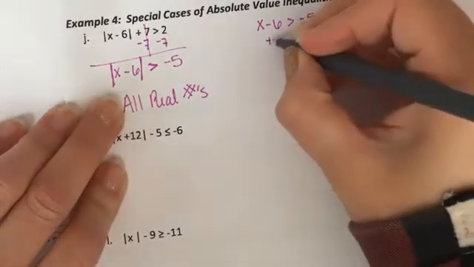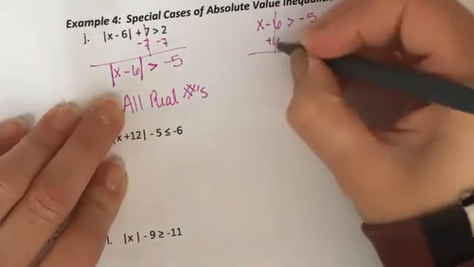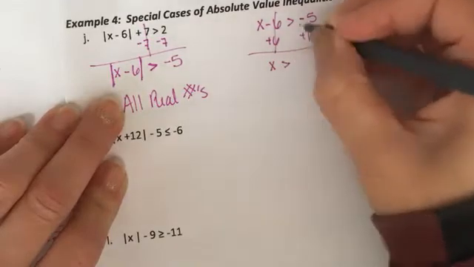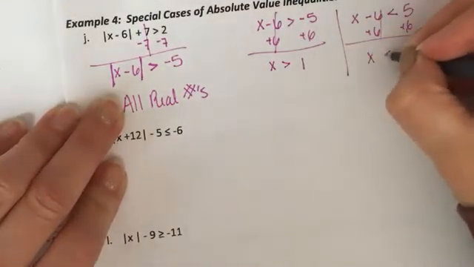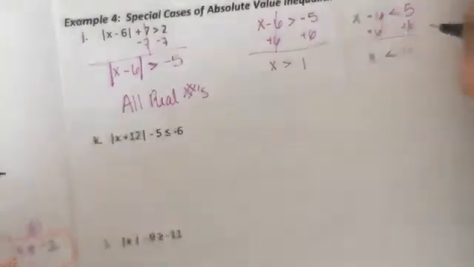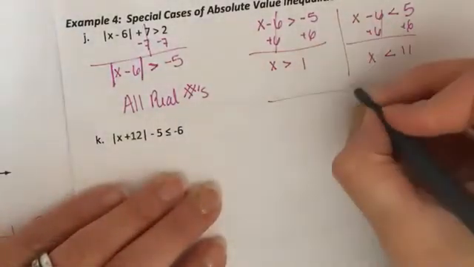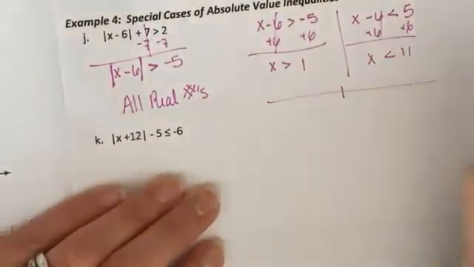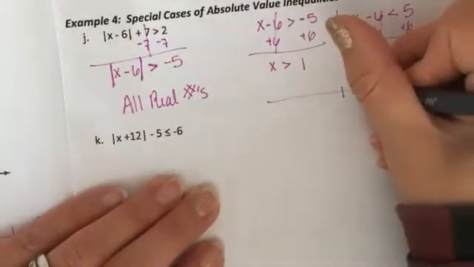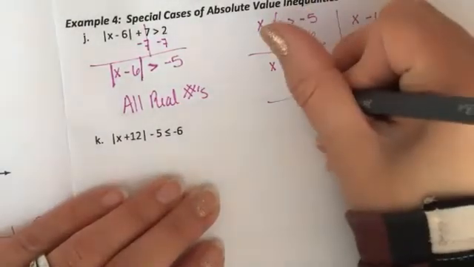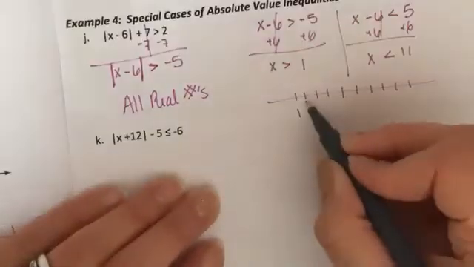And I would add 6. And then when I graph this, let's do this. 1, 2, 3, 4, 5.